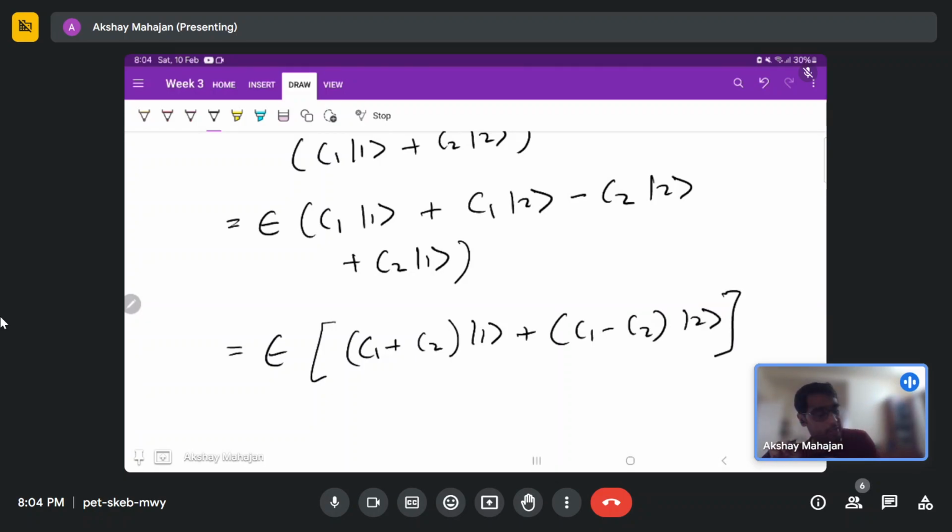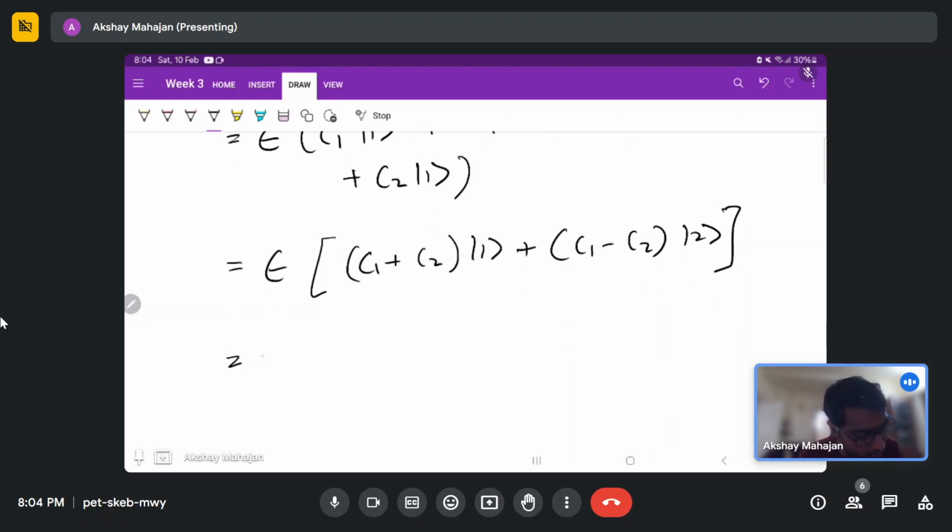By your eigenvalue equation, this will be given by E times ket of psi, and your ket of psi is basically C1 times ket 1 plus C2 times ket 2. This is how we have to find our ket of psi.